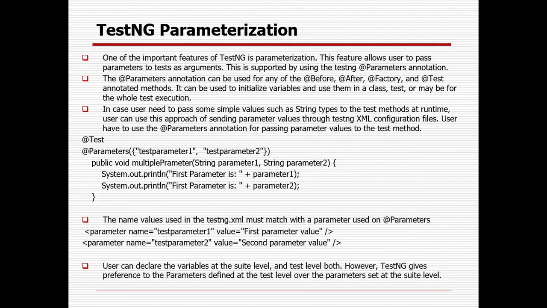Just suppose you want to execute some test case for a particular website, right? So the website URL will be there, user ID will be there, password will be there. So this will be constant most of the time. So instead of writing the URL, password and username every time, you can set those values as parameters, and you can call the parameter variables.